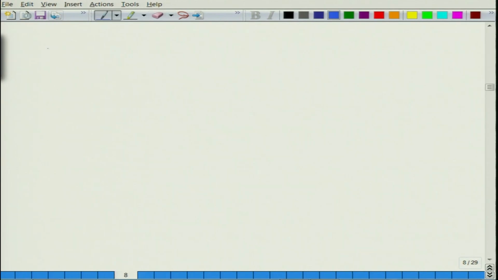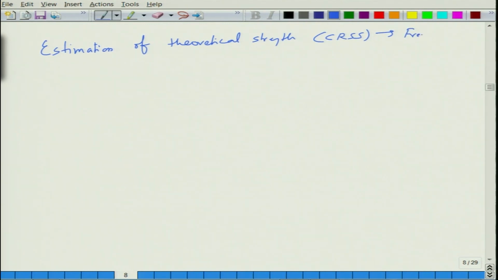Let us see how we do that. Estimation of CRSS was first given by Frenkel in 1926.